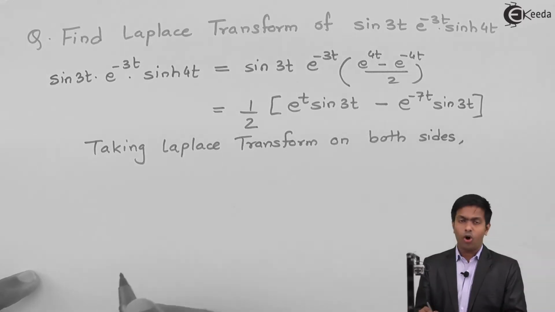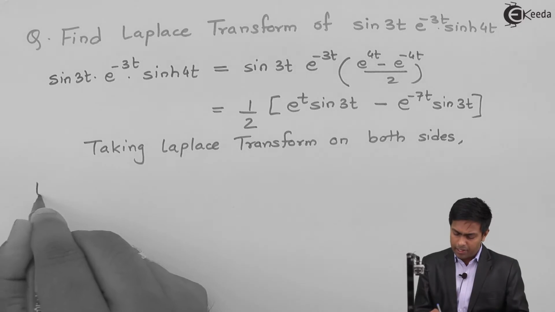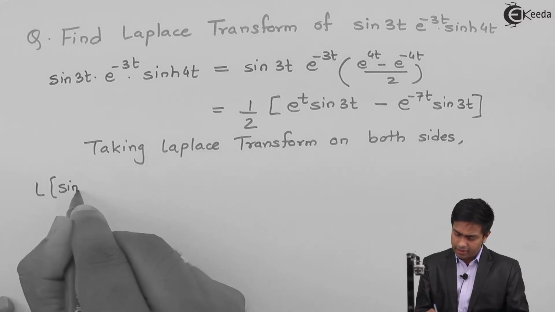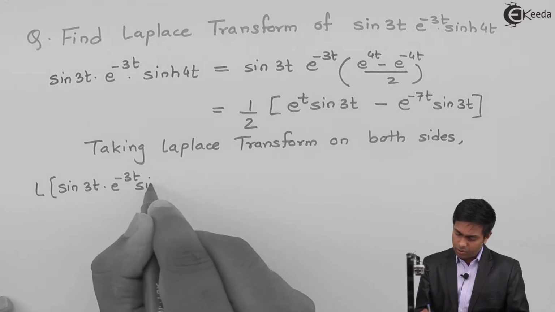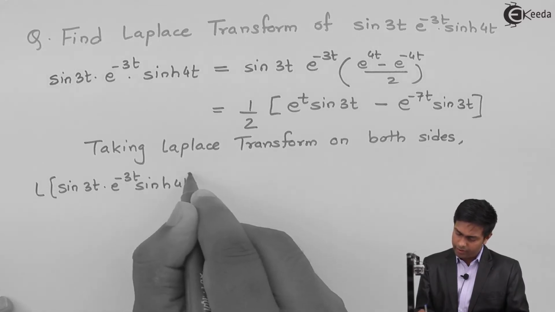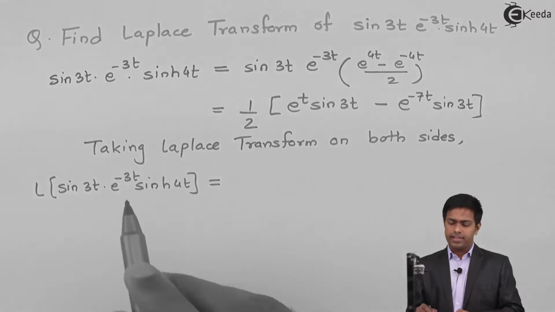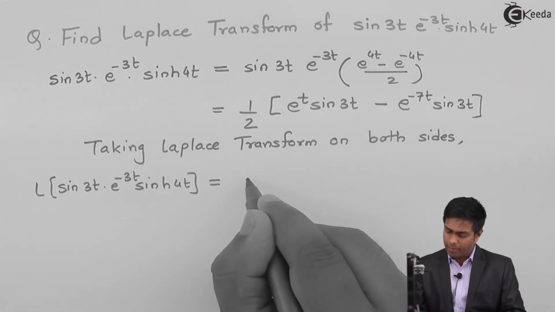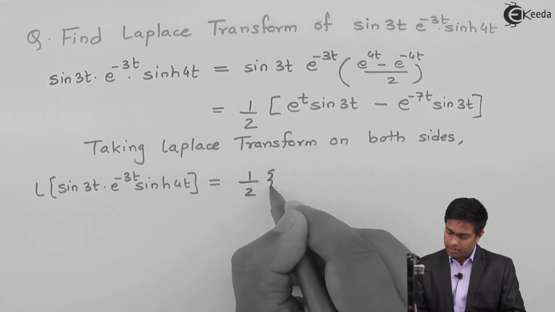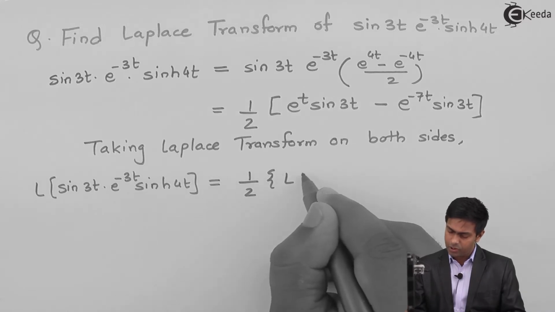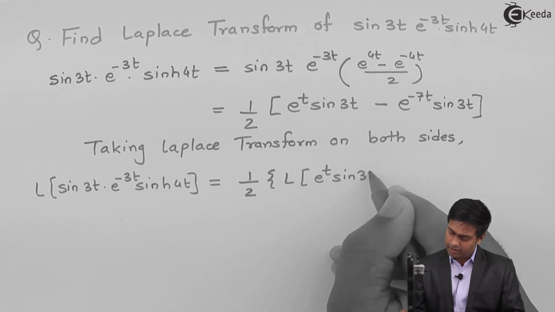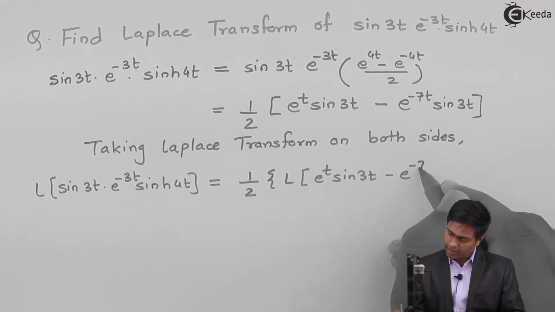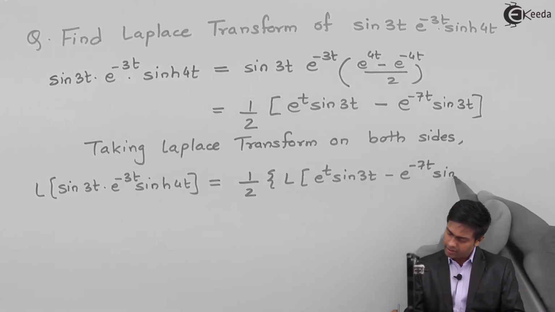On the left hand side we'll get Laplace of sine 3t into e raised to minus 3t into hyperbolic sine 4t, that is our question, is equal to Laplace of this. So 1 by 2 is a constant, I'll take it outside, and in the bracket we'll get Laplace of e raised to t sine 3t minus e raised to minus 7t sine 3t.